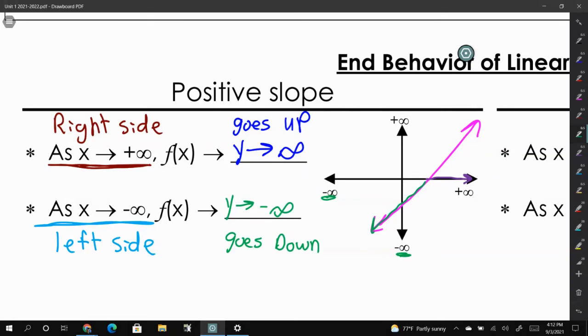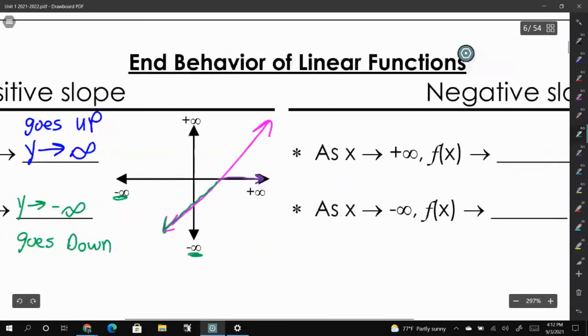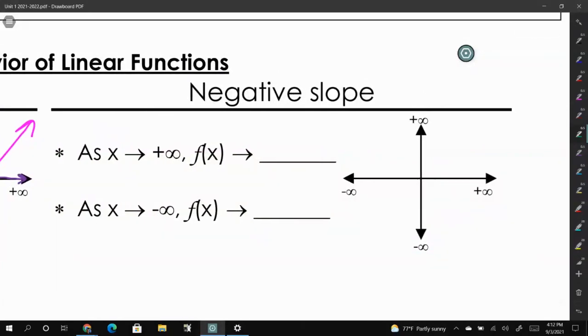So what I tell students to do a lot of the time is to look at the graph and say, all right, what does the right side do? Does it go up or down? And then write the symbols for it, the math speak, and then do the same thing for the left side. So let's look at a line with a negative slope. Again, I'm going to draw a line with a negative slope going down.